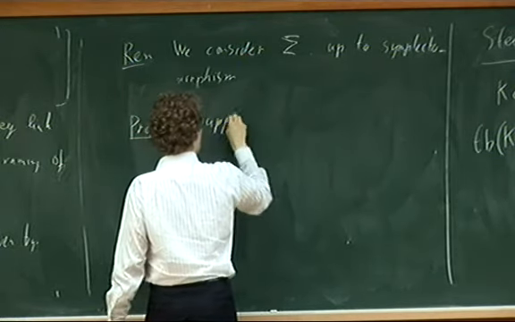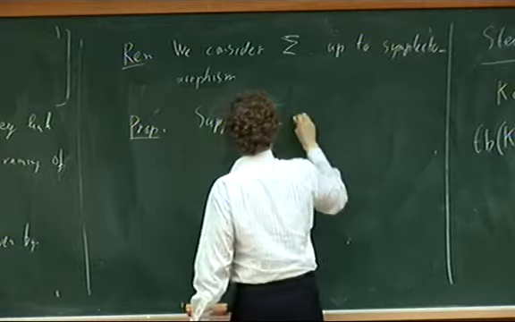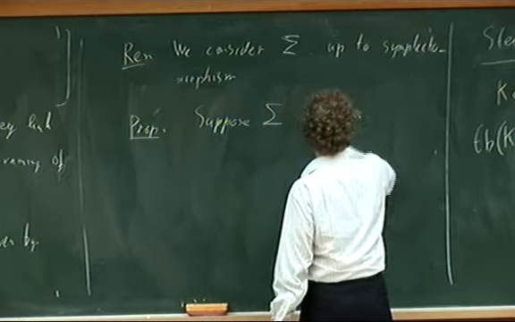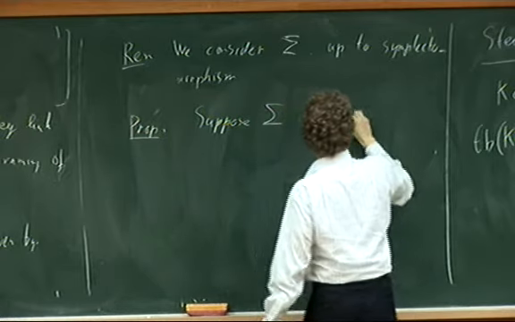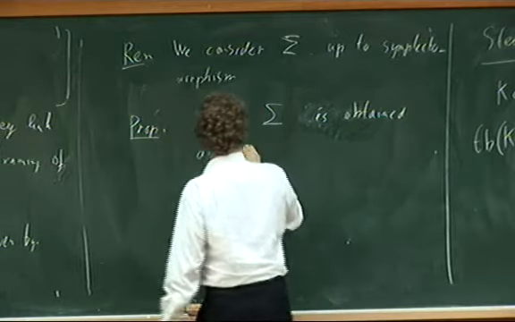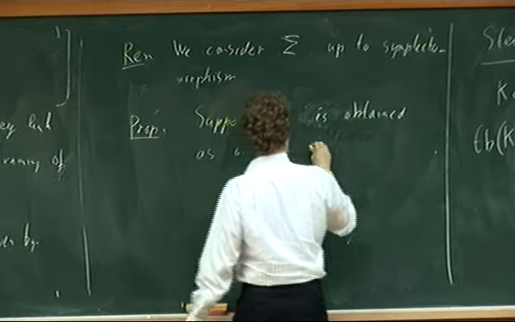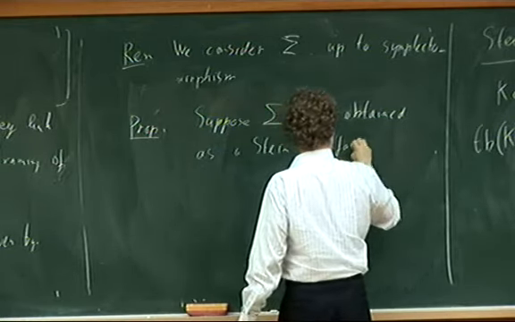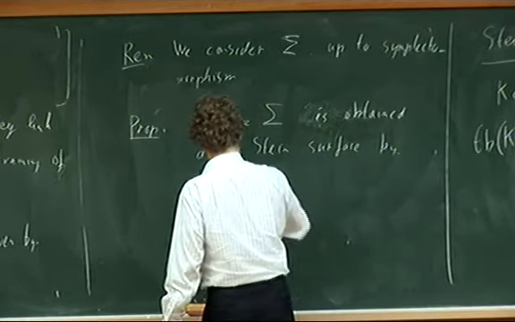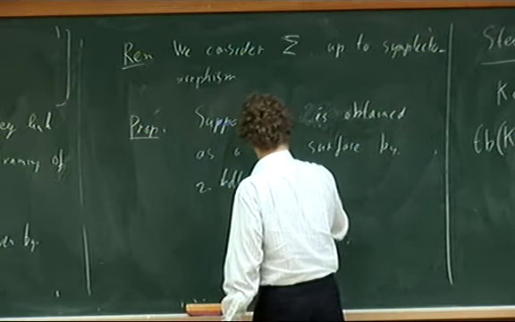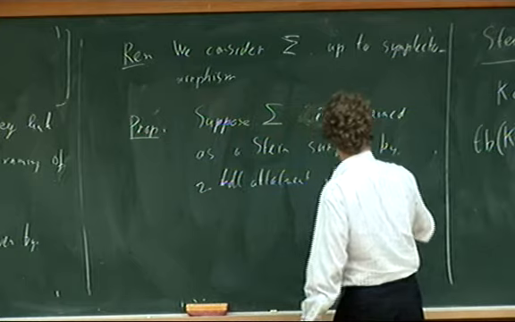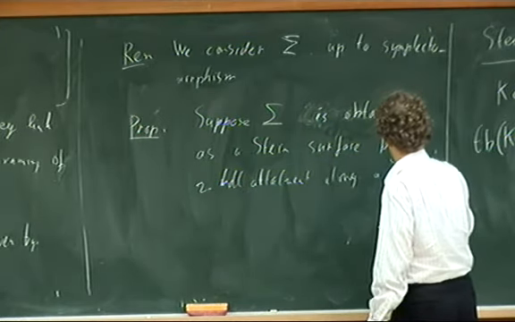So suppose sigma is a Stein surface obtained by two-handle attachment along a Legendrian link, just as in the theorem.